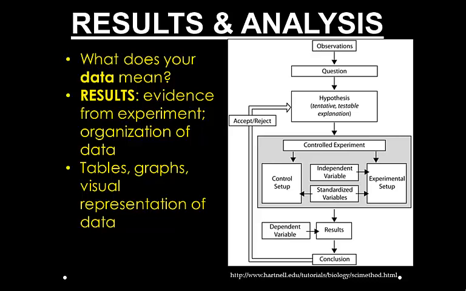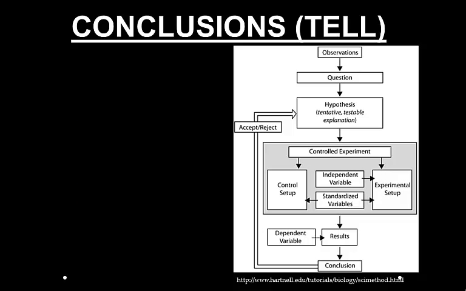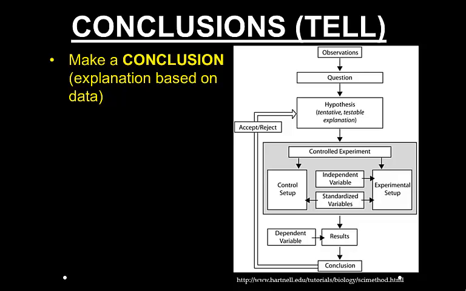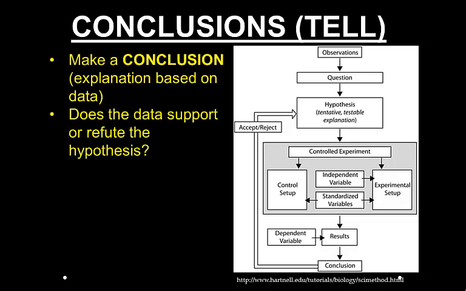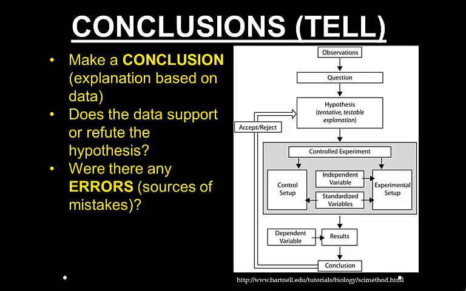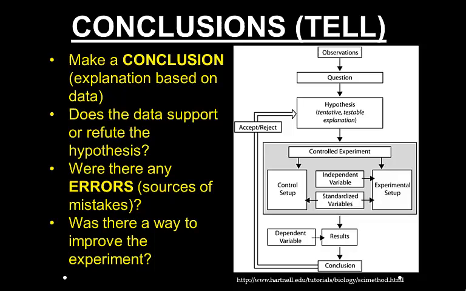However, either way, the goal is to support or reject the hypothesis. Once observations have been made and data collected, the process of communicating our findings gets underway by making a conclusion. A conclusion should explain the data, communicate if the data supports or refutes the hypothesis, contain an error analysis, and describe how the experiment can be improved to eliminate such errors.